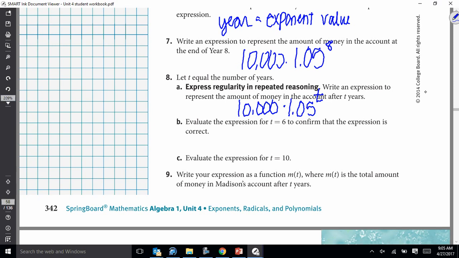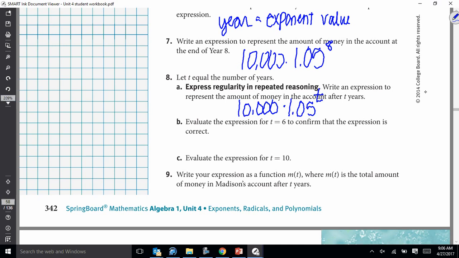So now it's asking us essentially to check it because we know how much money she has after 6 years. So to check this, if we do 10,000 times 1.05 to the 6th power, do we get the correct amount? I heard one. Do we agree? All right. And what was that amount?